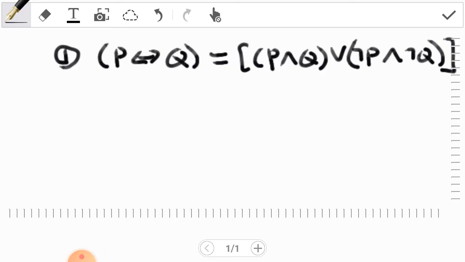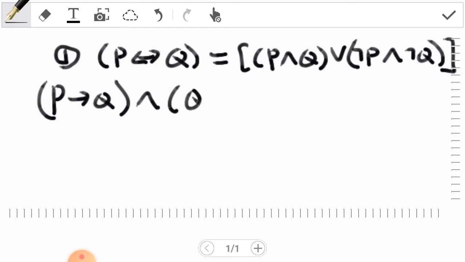And using the material equivalence, P if and only if Q is equivalent to P implies Q and Q implies P. So we're working with the left side of the equation. So that's using material equivalence.